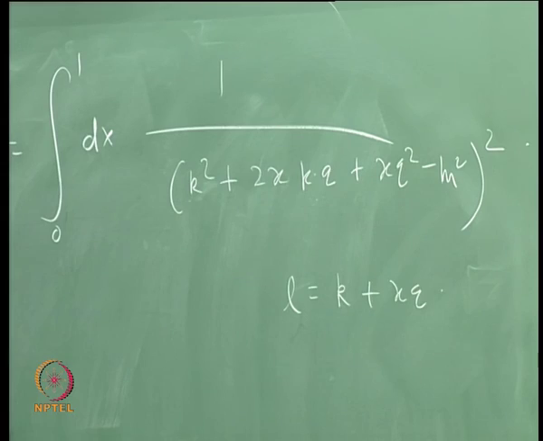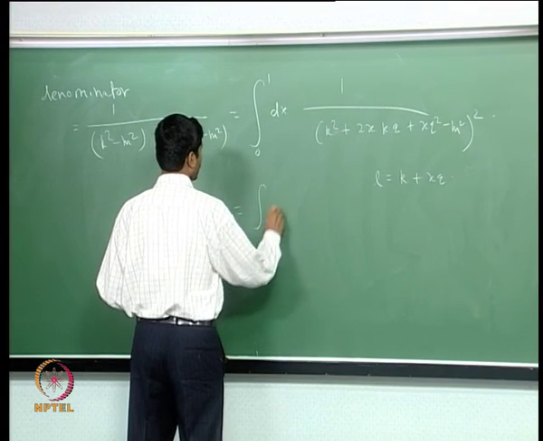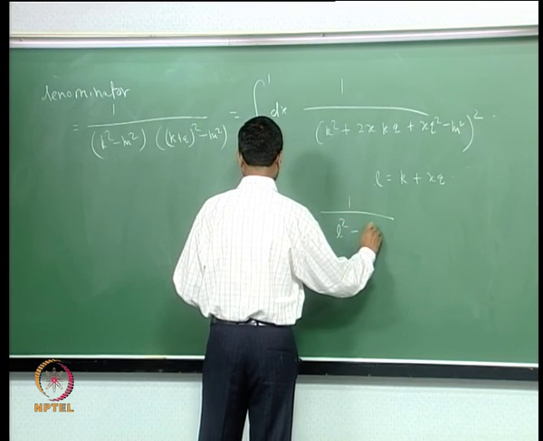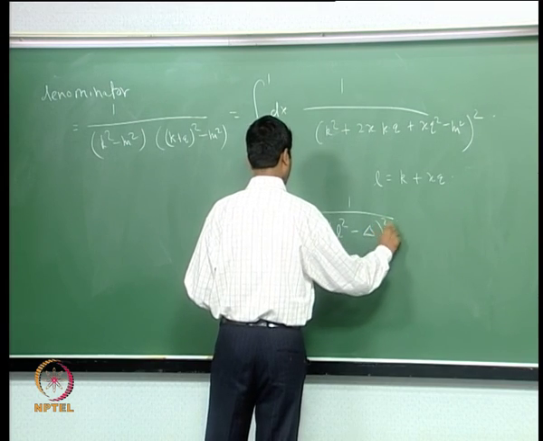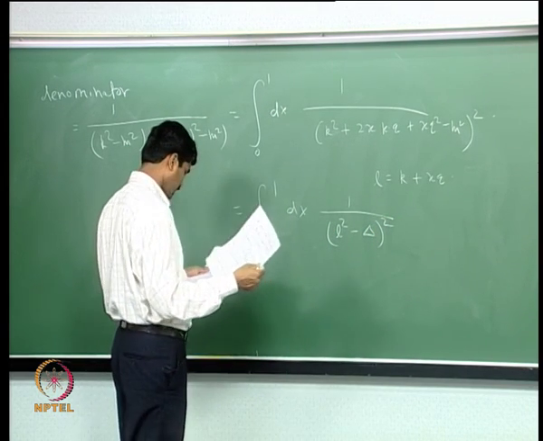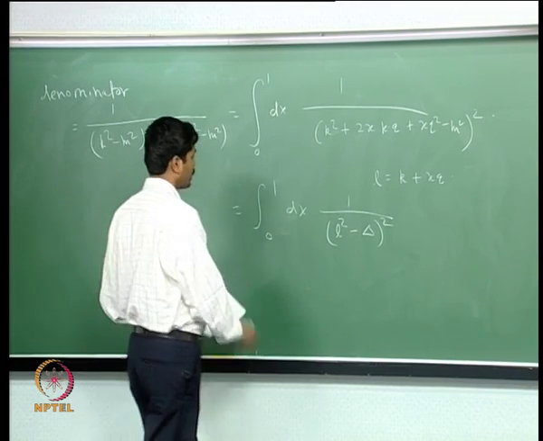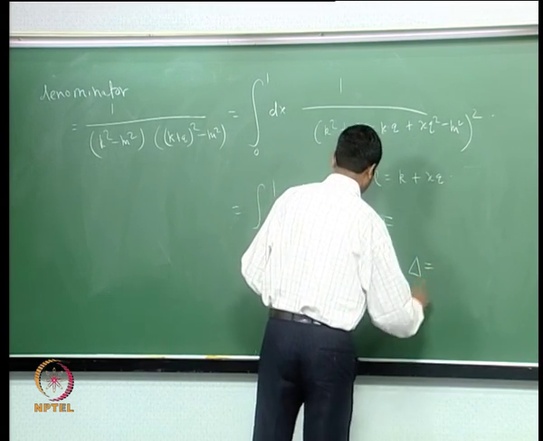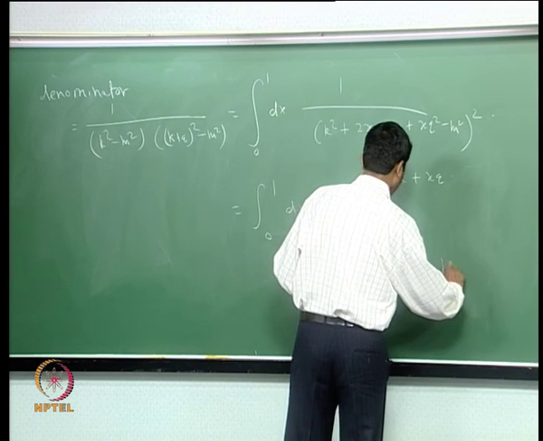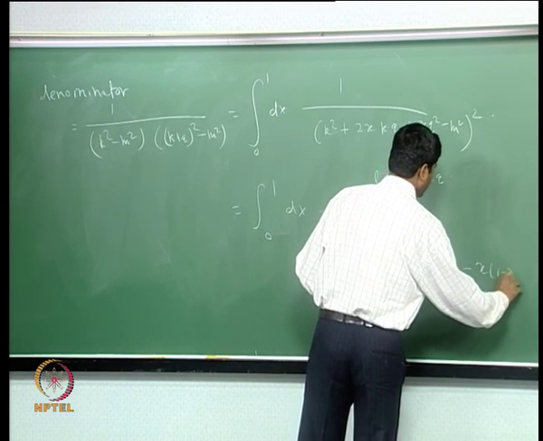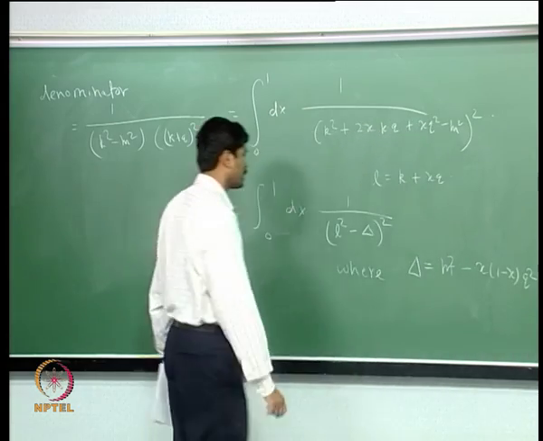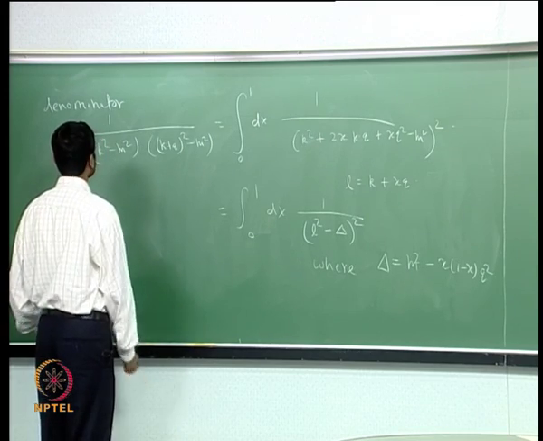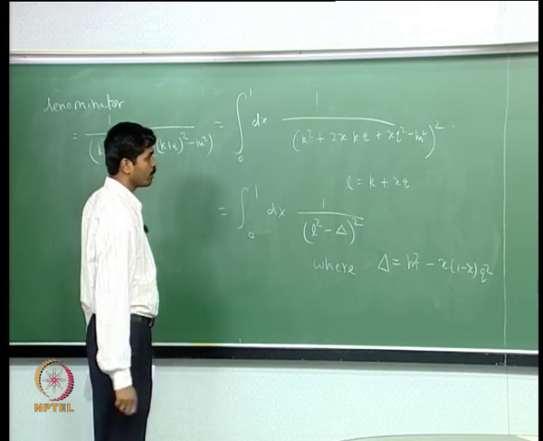When I do that, it is simply 0 to 1 dx 1 over L square minus delta, whole square, where delta is given by m square minus x into 1 minus x q square. So, this is what delta is. So, this is what I will get in the denominator.